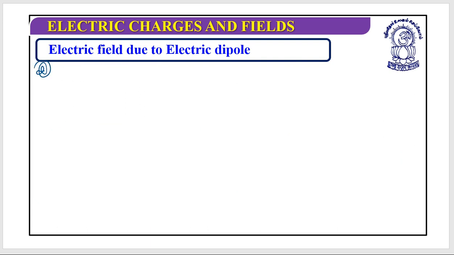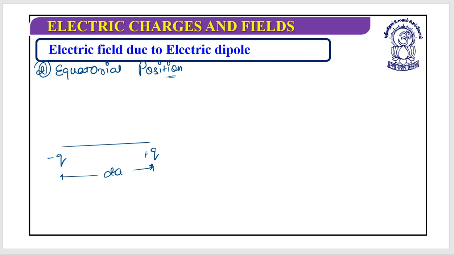It's the equatorial position. Electric field due to an electric dipole at the equatorial position. The situation would look like this. This is minus q, this is plus q. This separation is 2a.